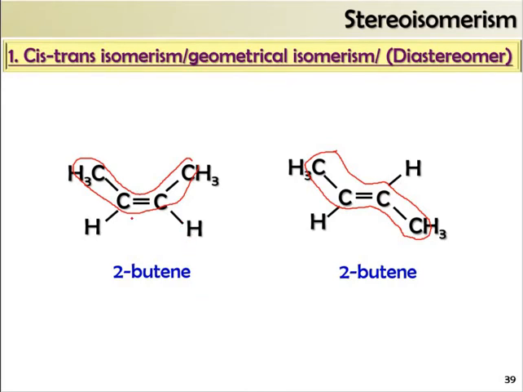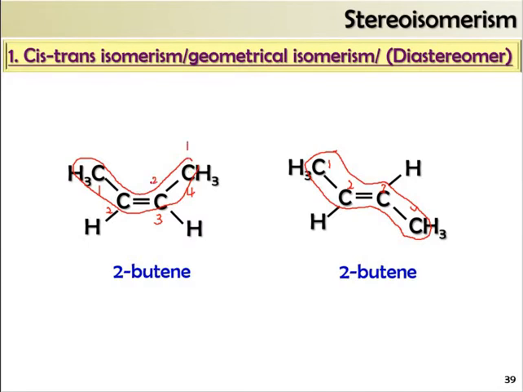Kenapa 2-butene? Because of the double bond. Double bond attached at carbon number 2. Kalau kita nomborkan from the left here, 1, 2, 3, 4. The double bond between carbon number 2 and number 3, but then bila kita nak namakan, kita akan ambil nombor yang kecil, iaitu 2. Sama juga macam ni, 1, 2, 3, 4. Kalau kita nomborkan daripada sebelah kanan pun sama juga.